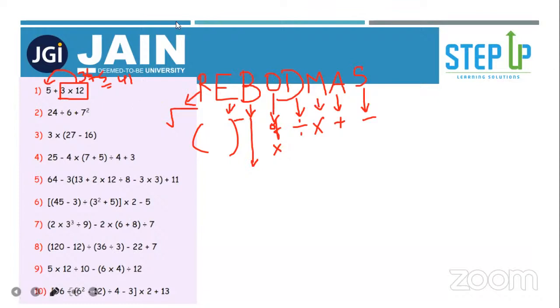Yeah, I'll move the picture, just a minute. The first number is 96. Okay, square bracket of 96 divided by.